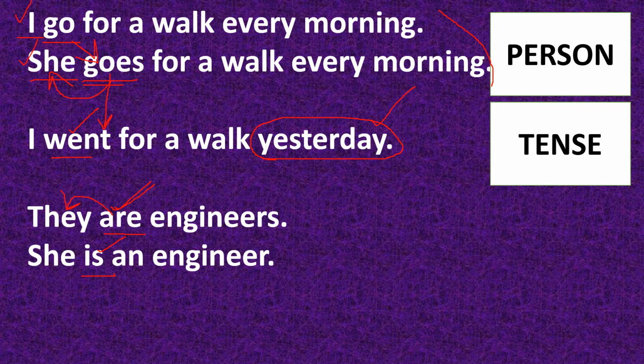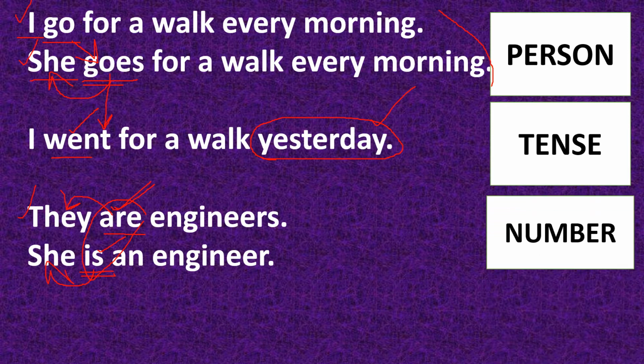We have written is, that is singular, because she is the singular subject. So here the verbs are changed or decided according to the number of the subject. Number of the subject means whether it is singular number or plural number. For a plural subject we have written are, for a singular subject we have written is. So the verbs are changed according to the number.